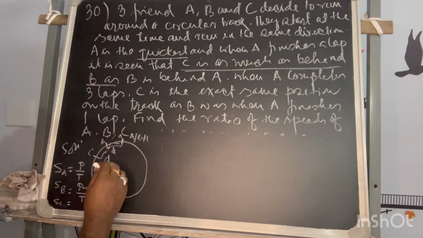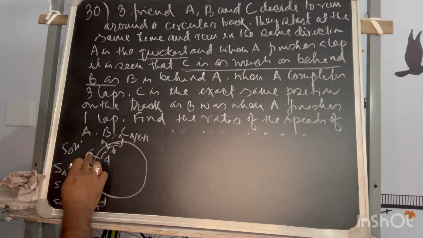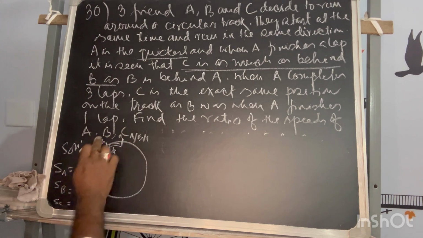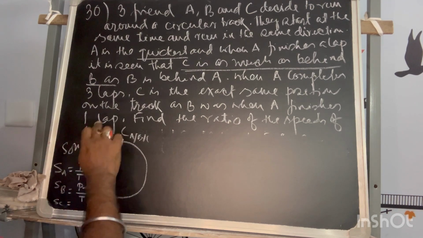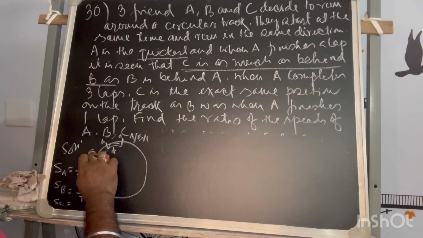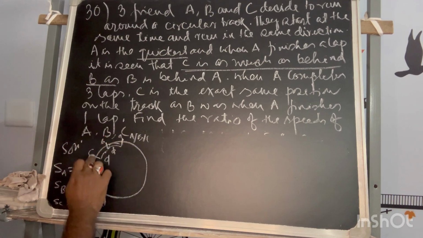There may be possibilities: when A takes the second and third laps, C has reached only this much distance to get the position of B from the first lap, or else by that time C can complete another lap and come back to this.